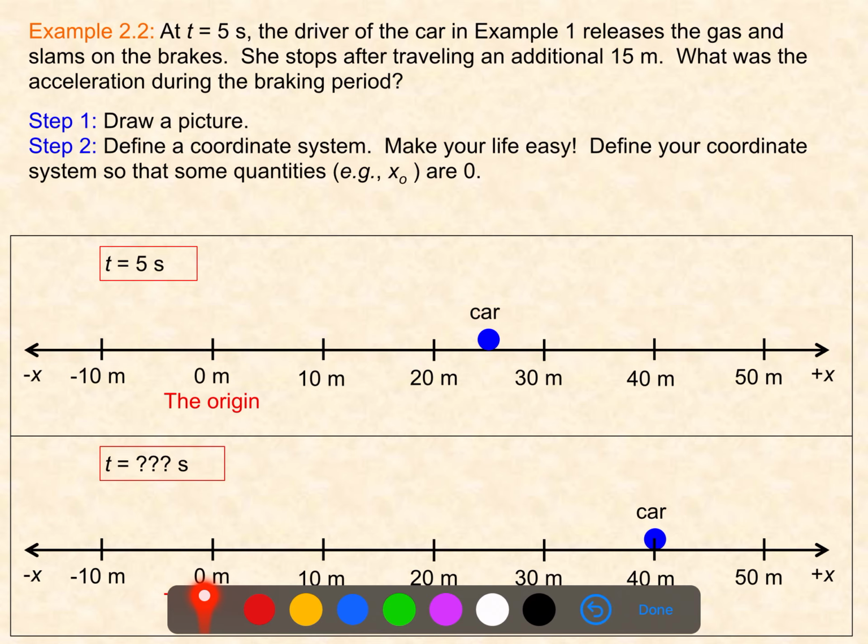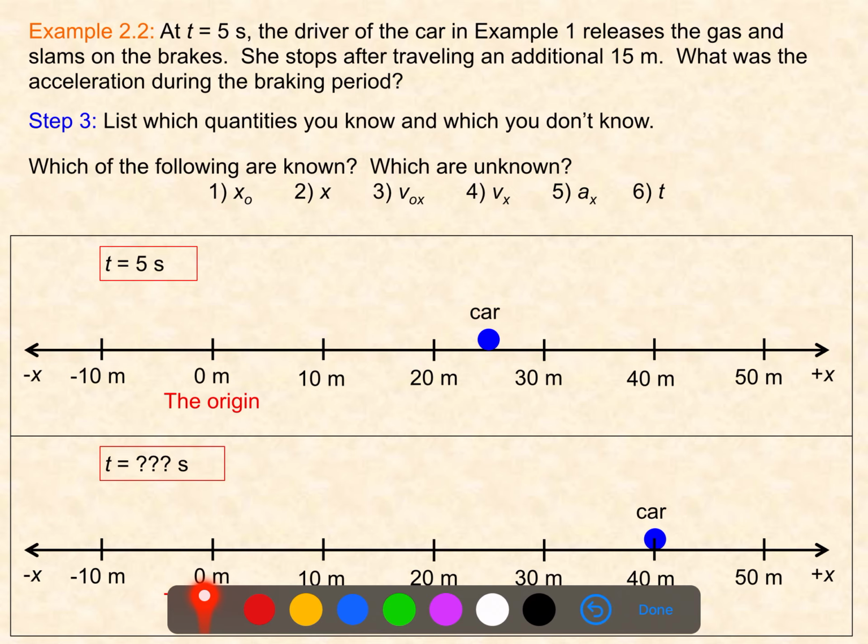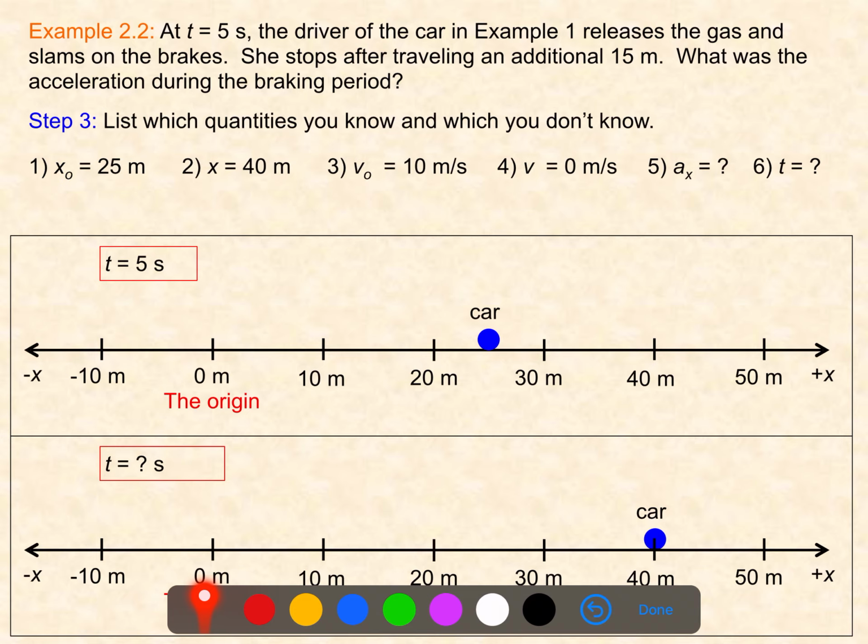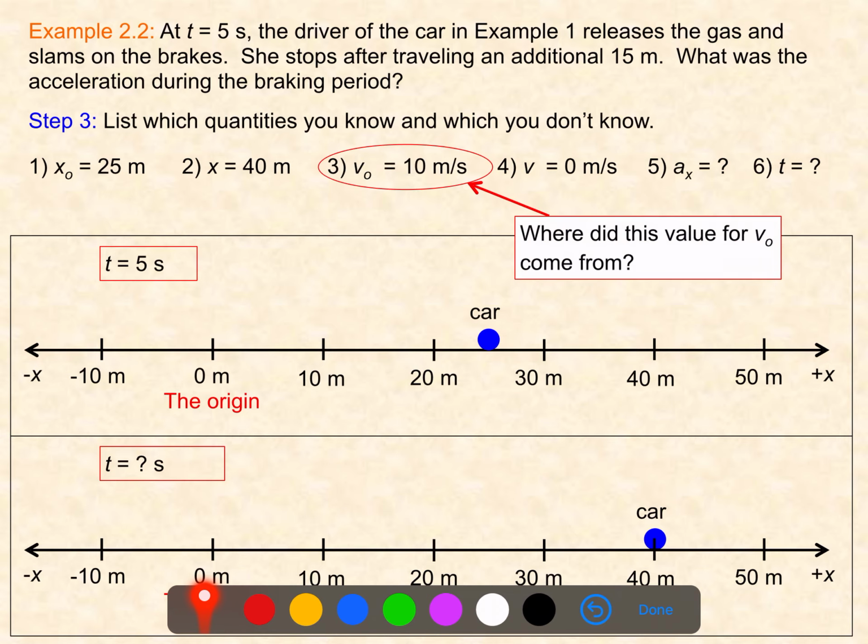Okay, step 3 is to think about what we know and what we don't know. Here are some possibilities. Which of these do we know and which we don't know? Well, we know in this case that the initial x position was 25 meters. We know that later on it's 40 meters. We know that the initial velocity is 10 meters per second. Wait, how do we know that?